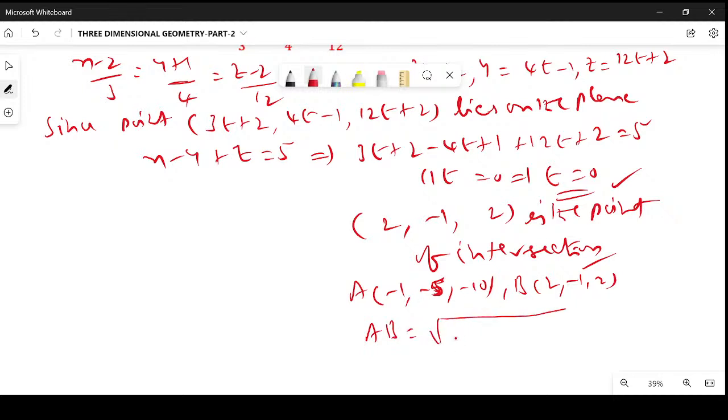So we find the distance between (-1, -5, -10), let it be A, and the other point P, which is (2, -1, 2). The distance is the square root of (2 + 1) squared plus (-1 + 5) squared plus (2 + 10) squared. We'll simplify this.